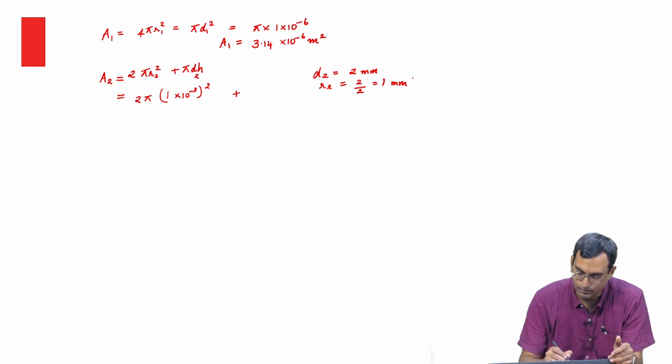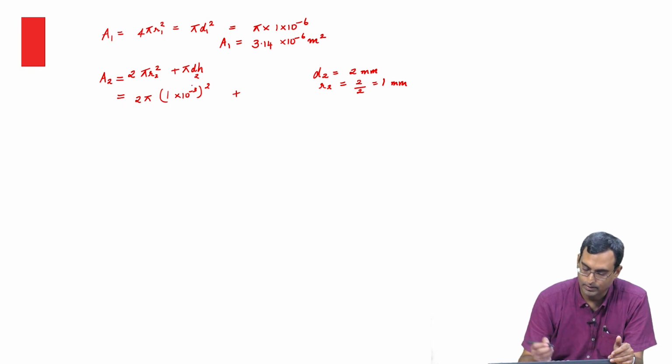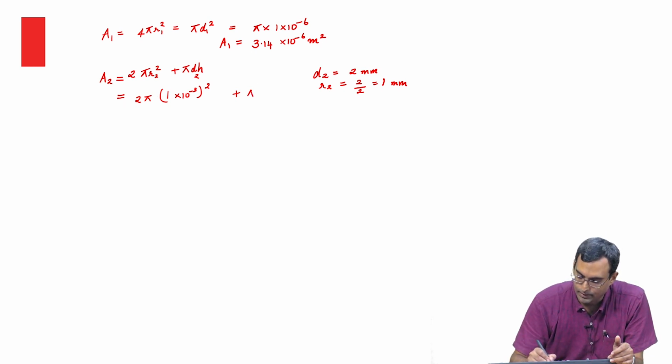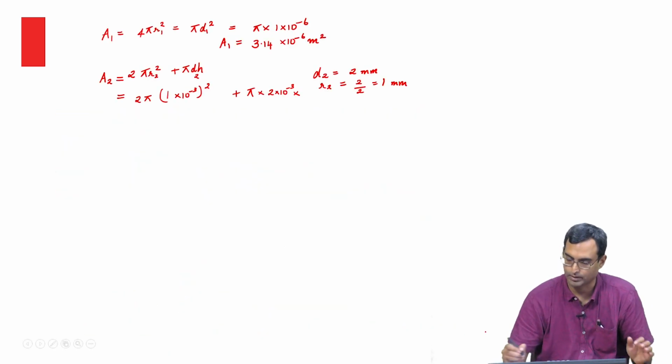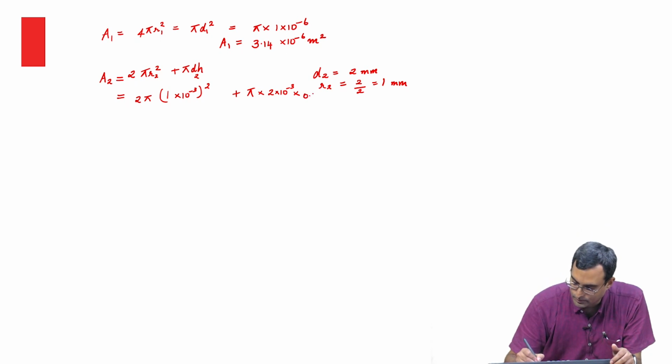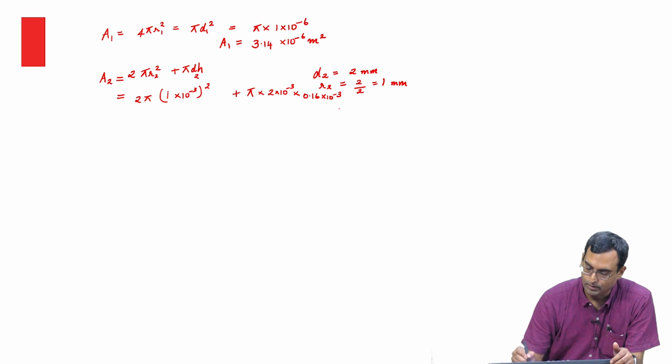So, we have R2 as 1, and then we have pi into D2, which is 2 in 10 power minus 3, into height, which we just found as 0.16. So, this whole thing is in meter square.